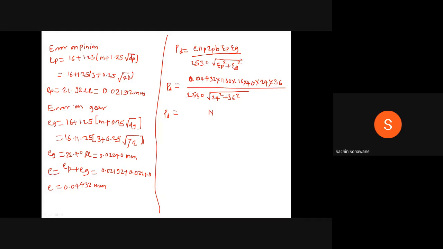Roll number 8. Hello, sir. What is the answer? Dynamic load, 260.12, sir. Ah, okay, yes, this is the dynamic load. I think all the students have got the answer.